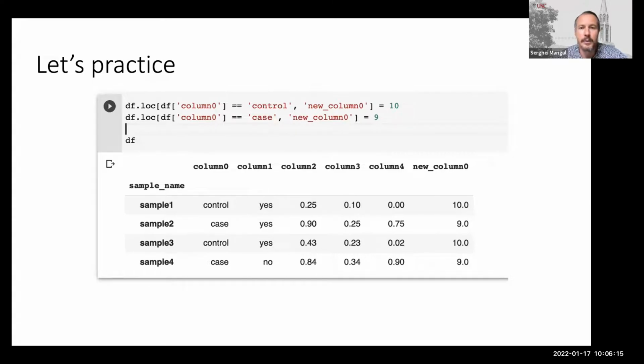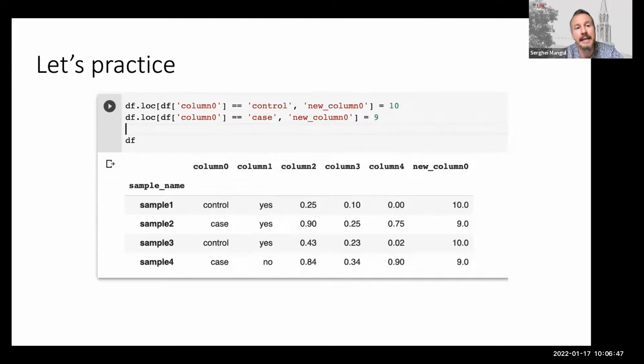So look here. What we do, we cover control, and look at the second line of code right here. It's actually absolutely the same, except 2 things. We say case here. So we say when we go through the file, if the elements from the column 0 are equal to case, then new column will be 9. That's it. If you have more than control cases, let's say you have case, control, and something else, just write another line of code.